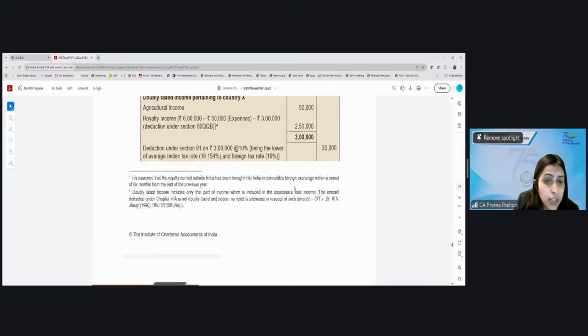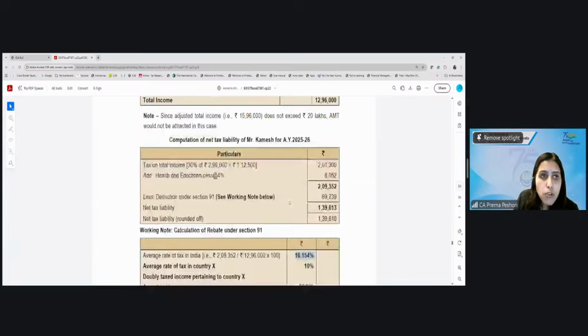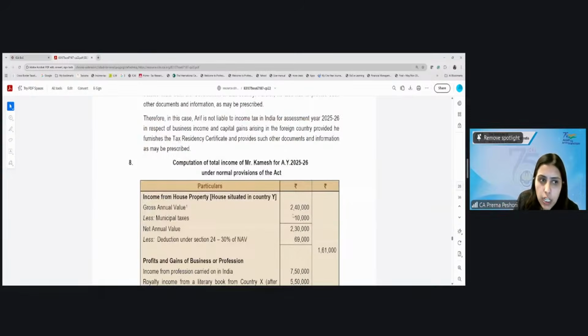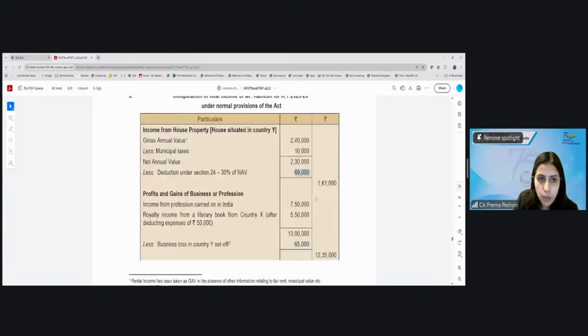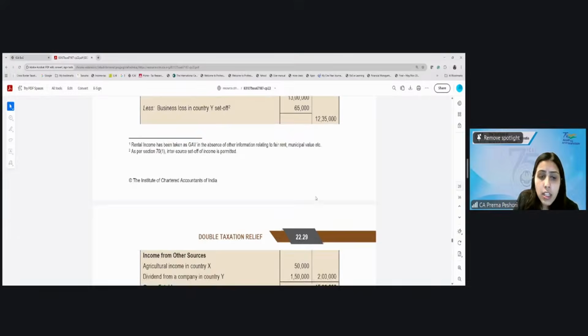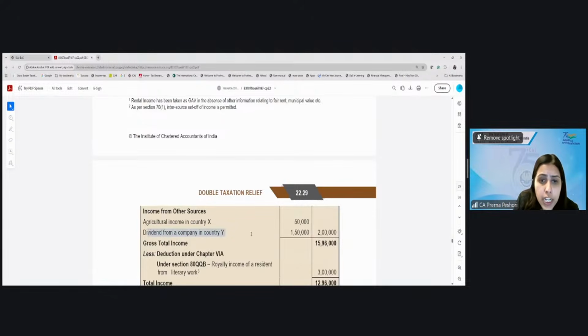Now again here, what is the doubly taxed income? First of all, we had income from house property. Here, should we take 2,40,000 or 1,61,000? 1,61,000, because you are getting the deduction of municipal taxes and the 30% deduction. Then you have dividend income of 1,50,000, which we will take fully.